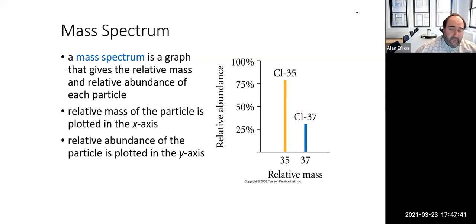We get our percent abundance here, somewhere in the 75-ish percent, a little bit of 25-ish percent, give or take a little bit. That gives us our relative abundance of each of these different isotopes. You can also see them separated by mass as they come out on the graph, giving you that separation of these isotopes based on their mass.